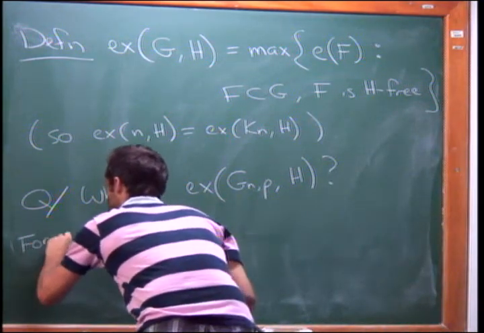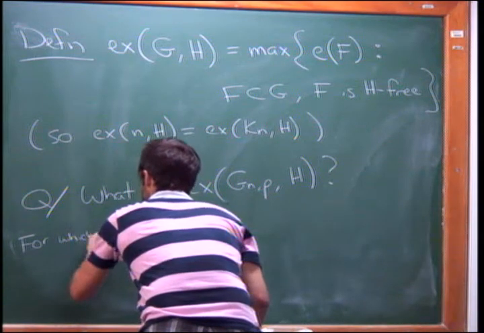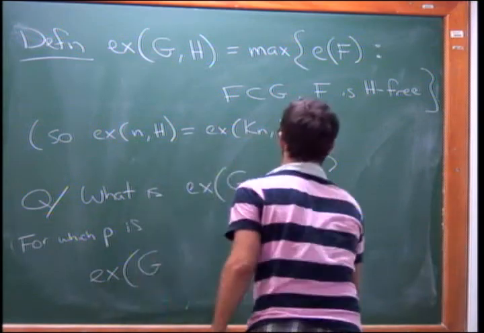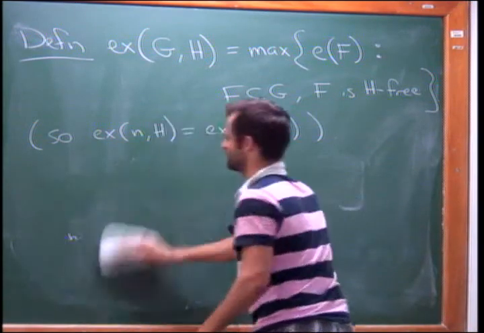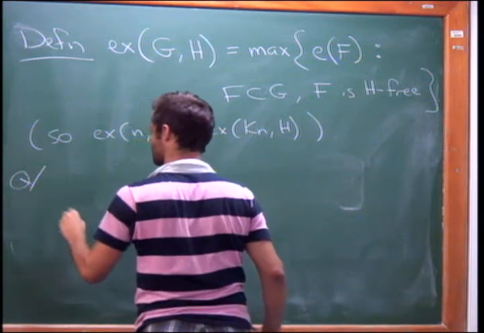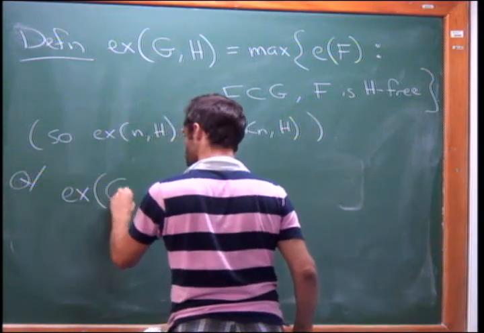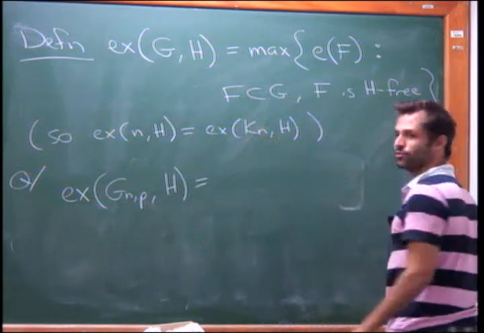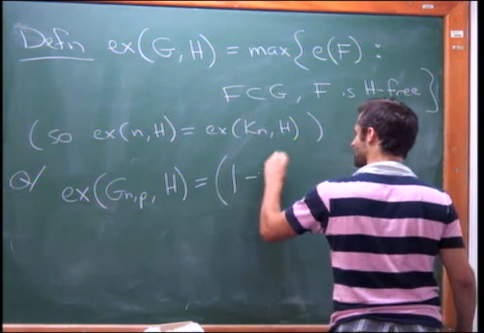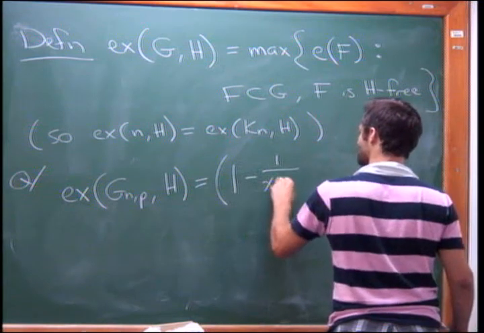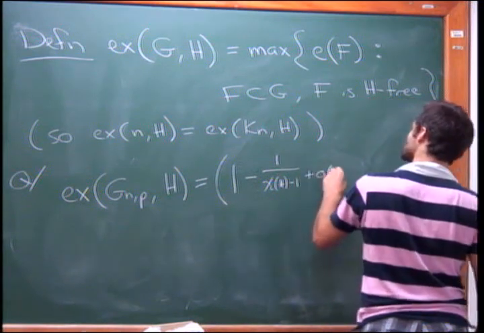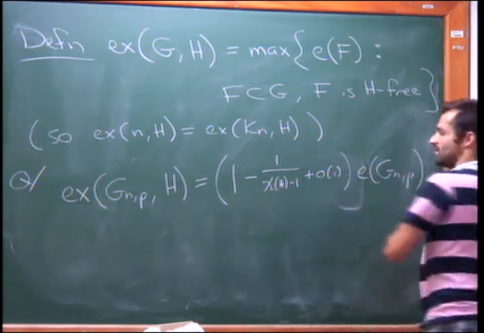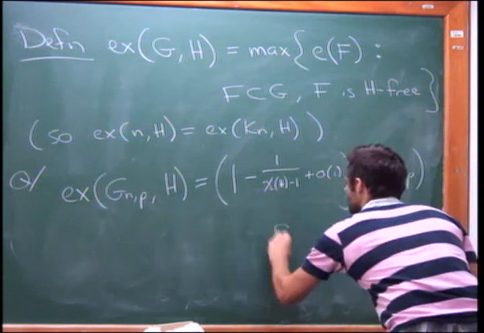In particular, for which p is the extremal number... let me write it up here. Sorry, a bit bigger. Extremal number of G(n,p), H should be equal to what? (1 minus 1 over chi of H minus 1 plus little o(1)) times the number of edges of G(n,p), for which p?